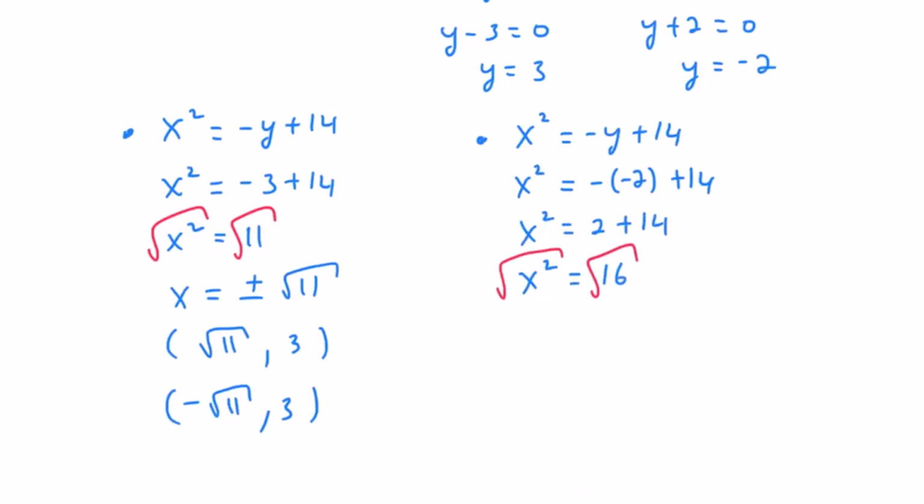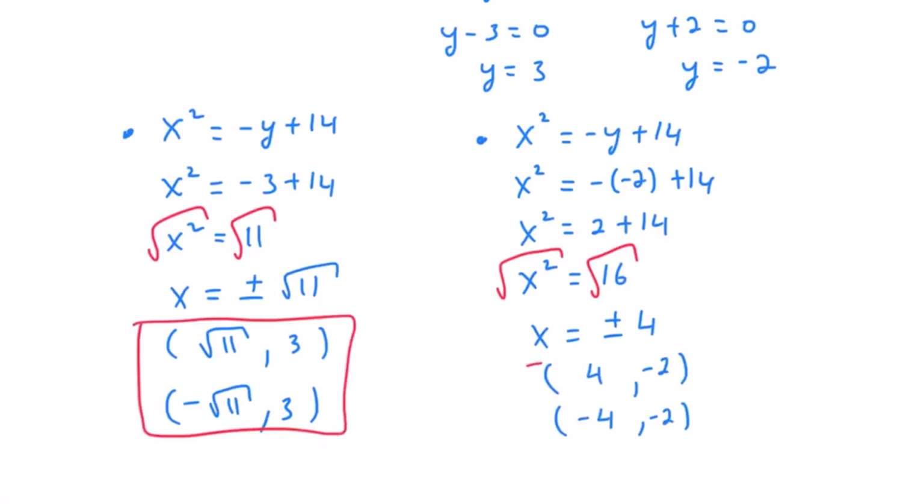Take the square root on both sides. So x is plus minus 4. So there are two answers here. The y value is negative 2. The x value, one is 4, the other one is negative 4. So there are 4 answers altogether.